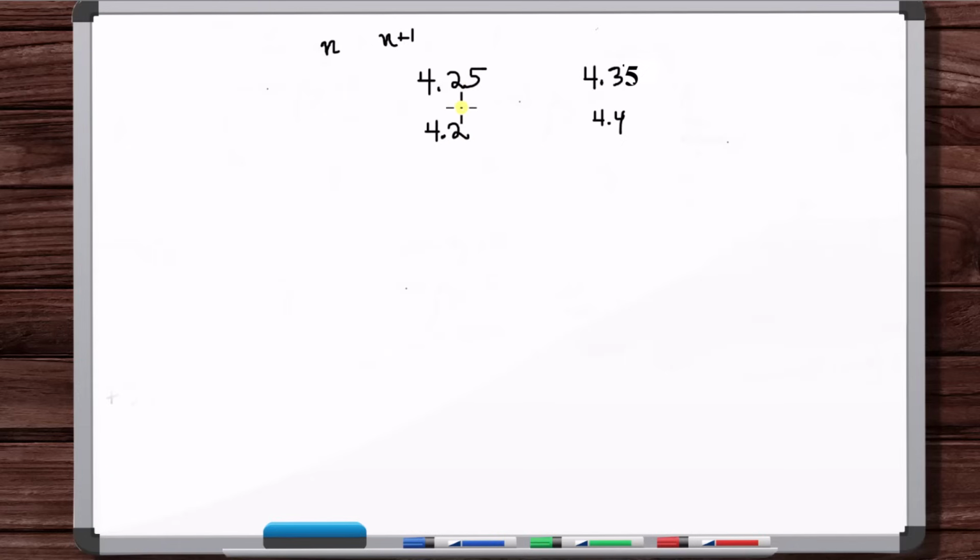But in general, I would just round with the standard technique that we used. So no matter what, if the number following the digit you're rounding is 5 or greater, round up. If it's less than 5, round down.